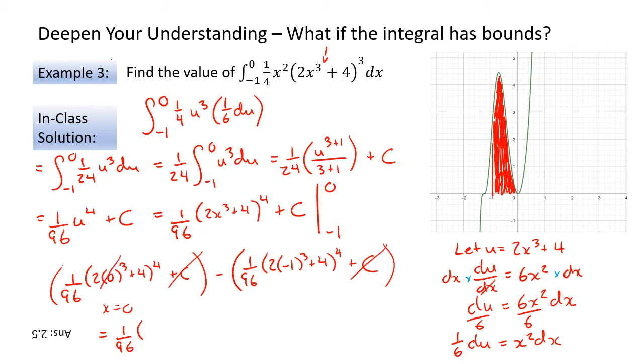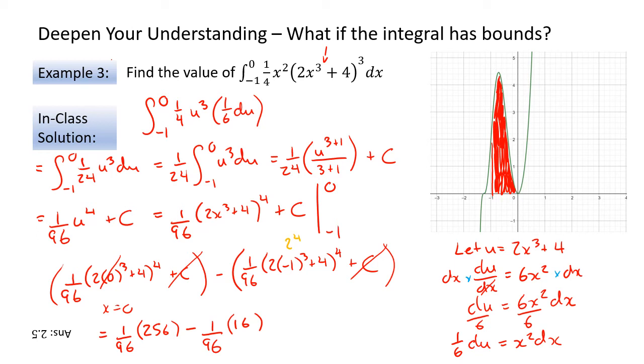So we're left with just 4 to the exponent 4, which is 256, minus, again, 1 over 96. And in brackets here, we have 2 times -1 cubed, which becomes -2, plus 4. So this simplifies to 2 to the exponent 4, which is 16.